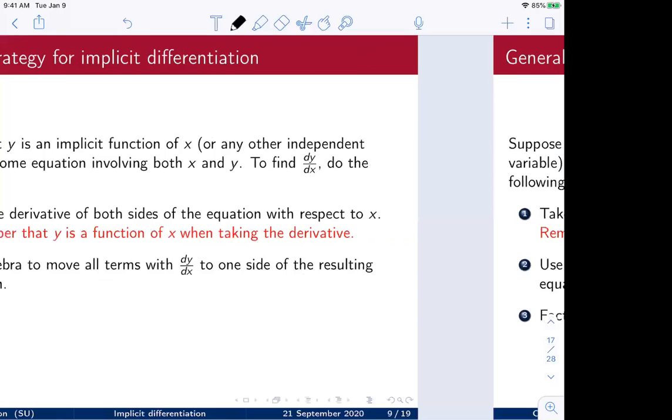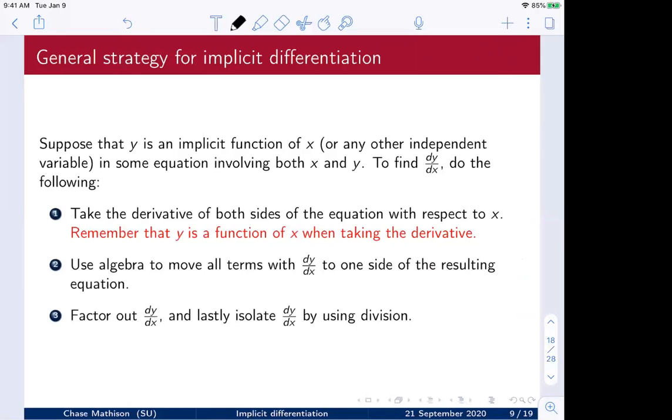And once you do that, you're going to be able to factor out that derivative, the dy dx, and isolate it by dividing both sides by whatever you factored dy dx out of. Okay. So really 3 steps here in every implicit differentiation problem.